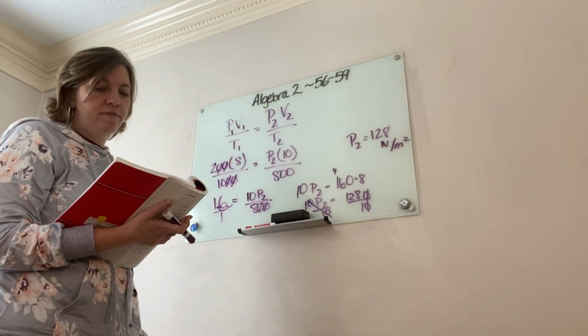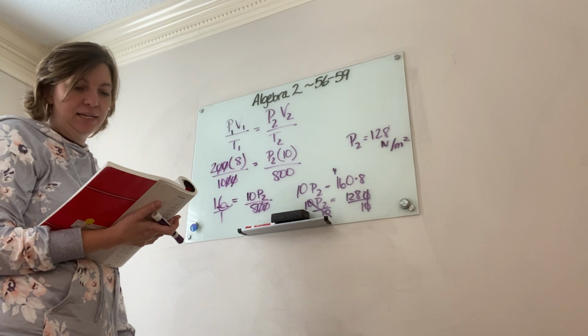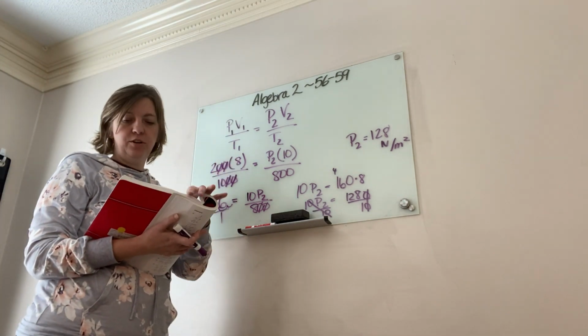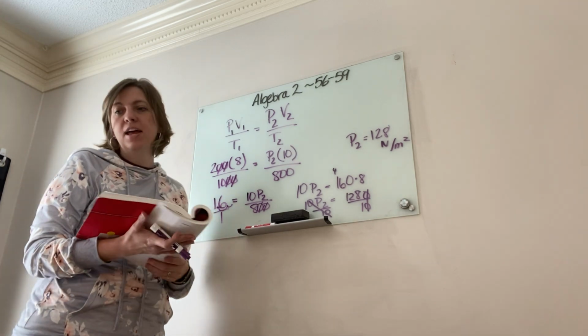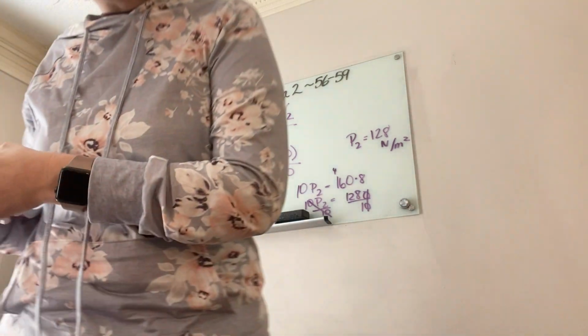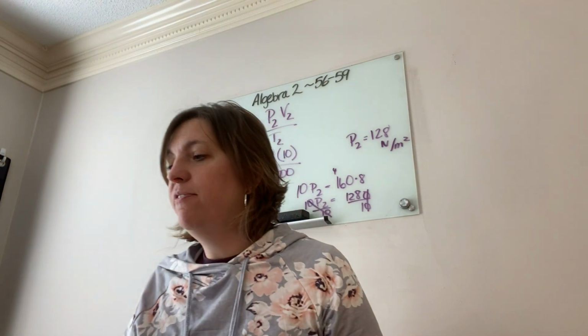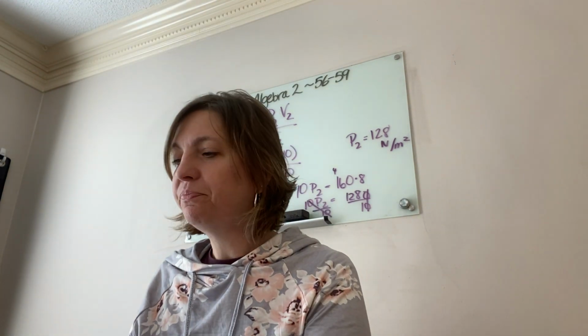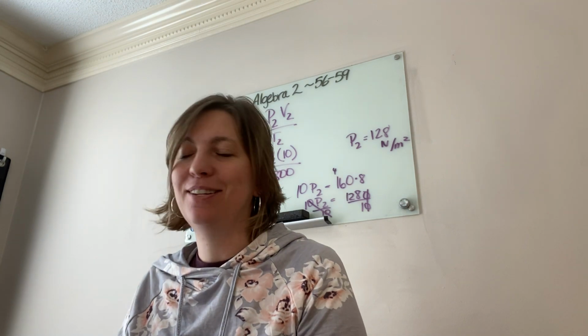So you're just looking for the pressure of the second again, as you did in the first one. So that, everybody, is lesson 57, and again you'll see that more in your chemistry class.